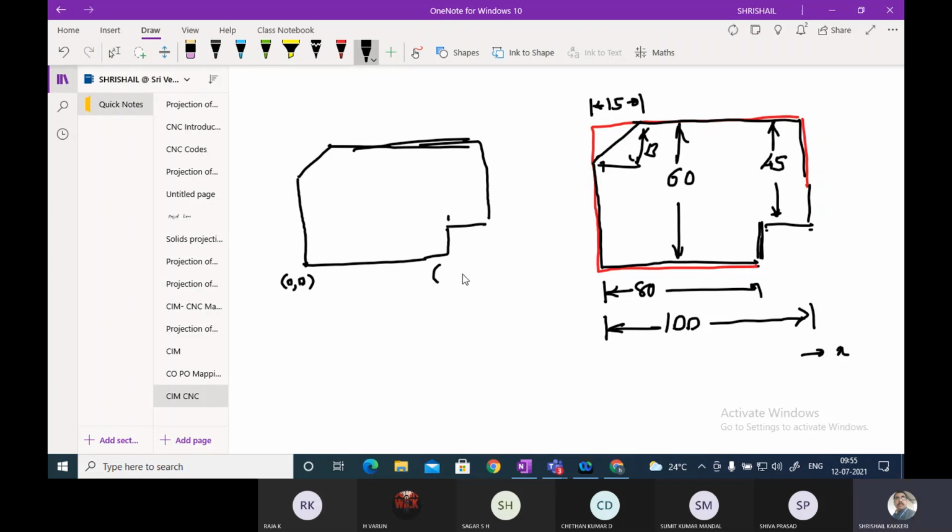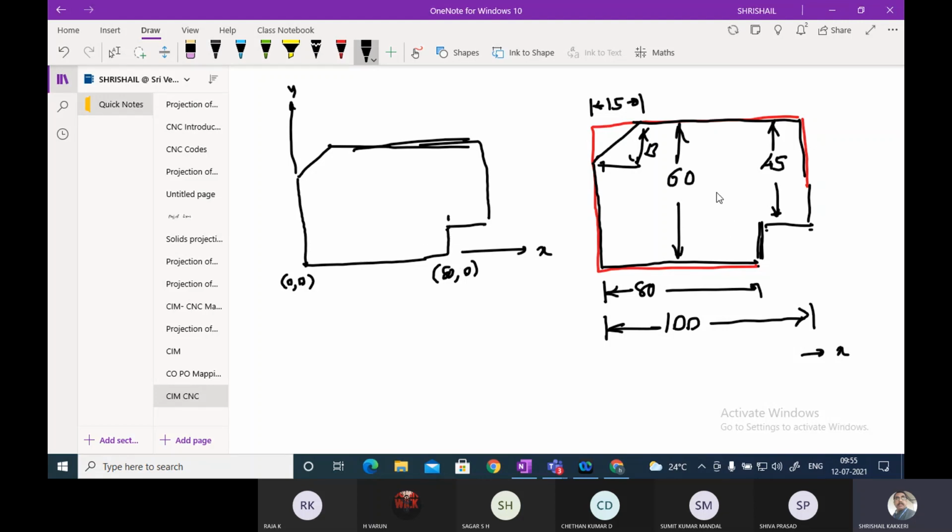And this position, along the x direction, it is 80, and along the y direction it is 0, because I have taken this as the x direction and y direction. So x 0, x 80, y 0.